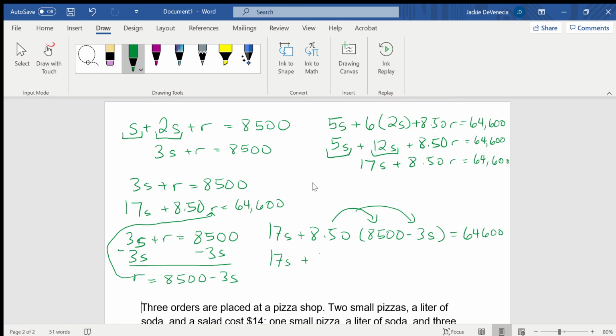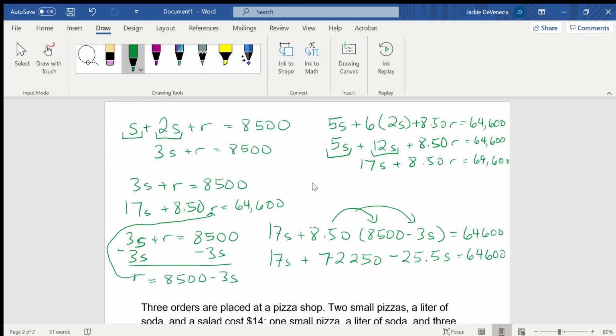That gives you 72,250. Then you're doing 850 times negative 3S. And you have minus 25.5S. And you would still have that 64,600.